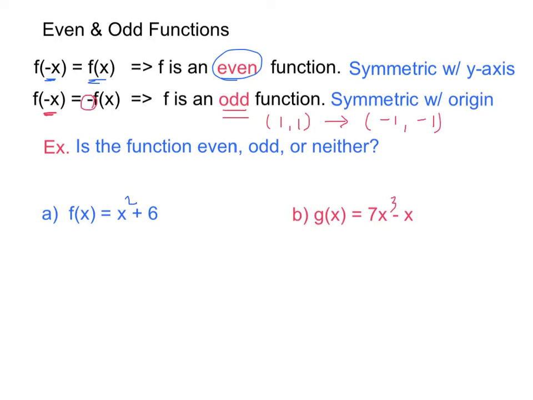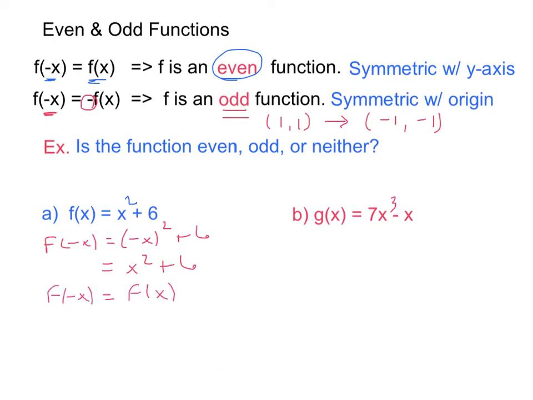So if we look at these two examples, is the function even, odd, or neither? To determine that, we're going to evaluate f of -x. I'm going to replace x with -x, and -x squared becomes +x squared plus 6. Well, what is x squared plus 6? That was the original f of x.